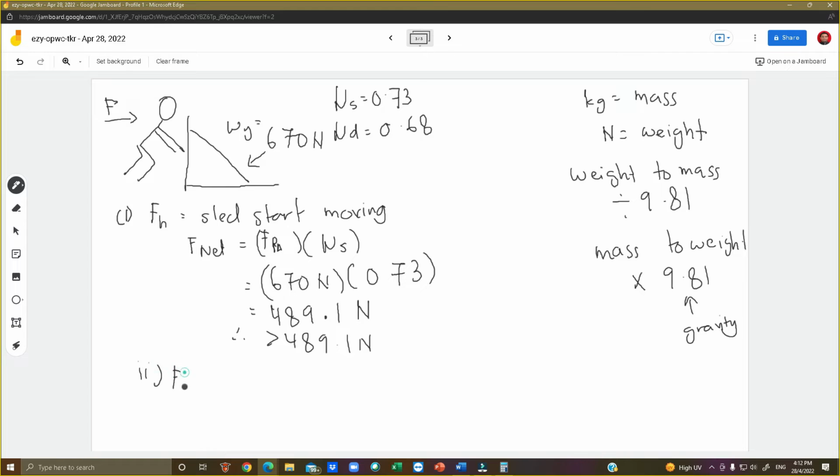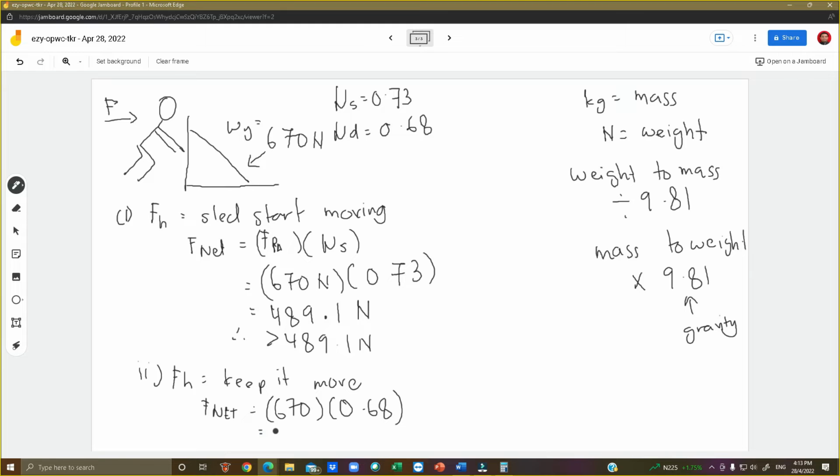How much force needed in order to keep it moving? Kita akan pakai coefficient dynamic. So we need to know net force dalam sistem dulu, equals 670. Now the coefficient being used is coefficient of dynamic friction.